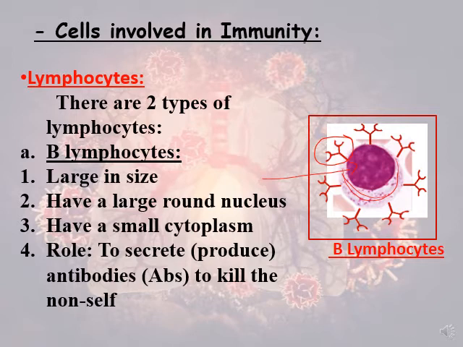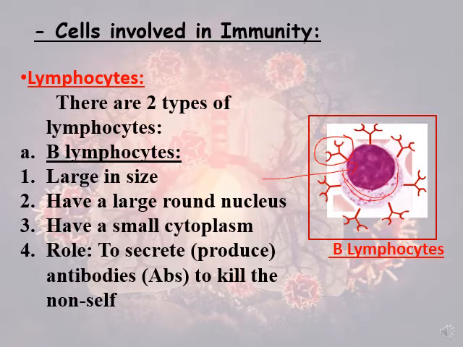So B lymphocytes are large in size, with a large round nucleus and a small cytoplasm, and they have a role in secretion of antibodies to kill the non-self. I repeat, large round nucleus, small cytoplasm, and an important role in secretion of the antibodies.